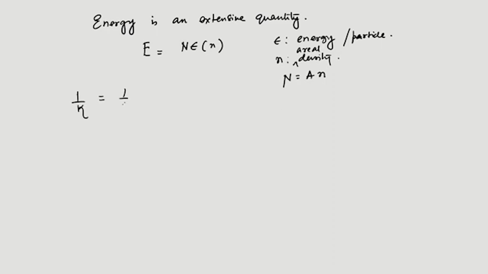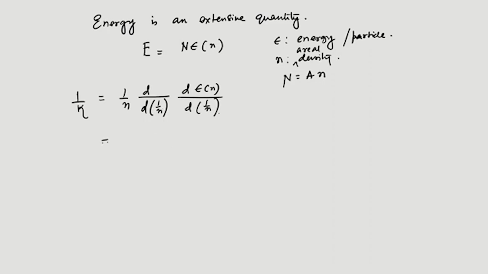And this 1 over kappa is written as, a few steps that you have to do, I'm telling you the essential steps, d d of 1 over n, a slightly complicated derivative that I am talking about. I am not talking about d d n, but d of 1 by n. It's equal to d epsilon n, and then d of 1 over n. So it is a double derivative, but the variable inside is not n, the density, but 1 over n.